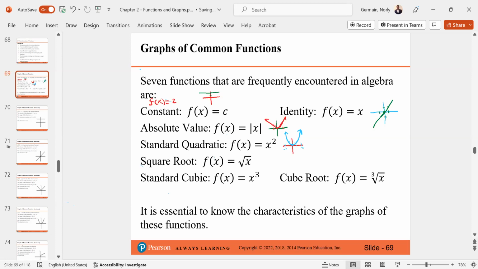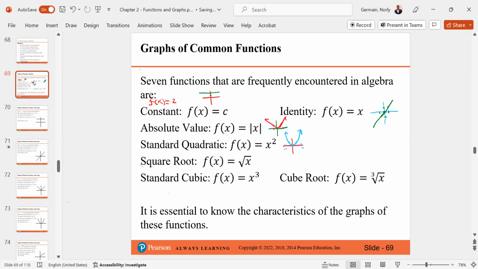There is no negative before the x squared. For a function like this, the domain is all real numbers, but the range is 0 to infinity because we cannot go any lower than 0 on the y-axis. Because it's a U shape, we have one turning point.